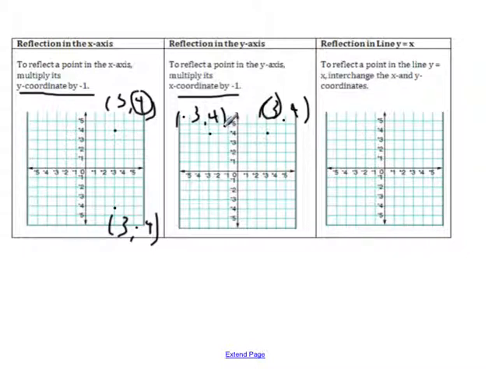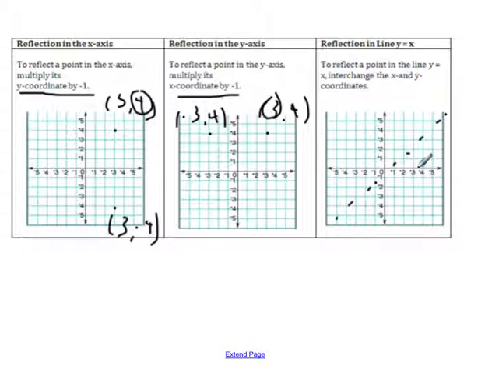Last but not least, to reflect a point over the line y is equal to x. Remember that the line y equals x is basically just a line that goes like this through the origin. It kind of cuts our grid in half diagonally. What we want to do to reflect a point over that line is to simply flip-flop the x and the y.